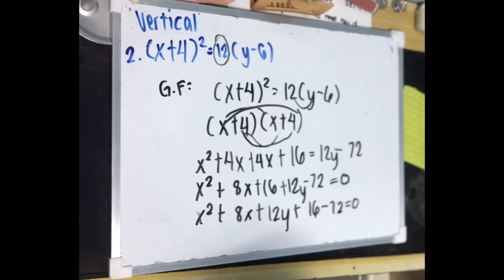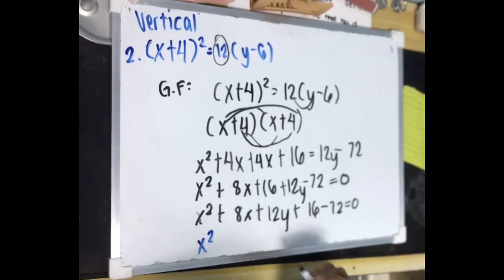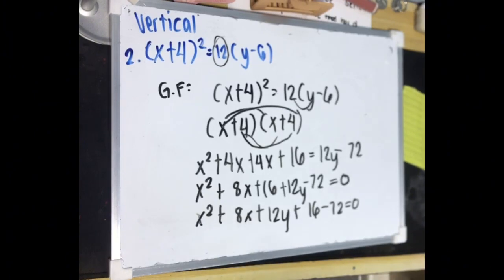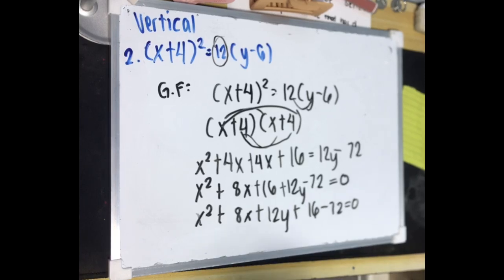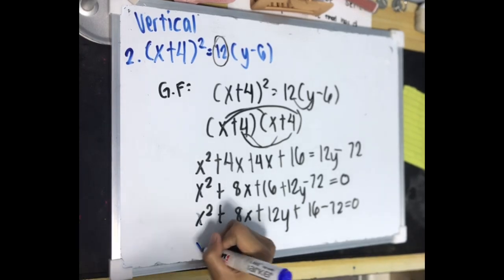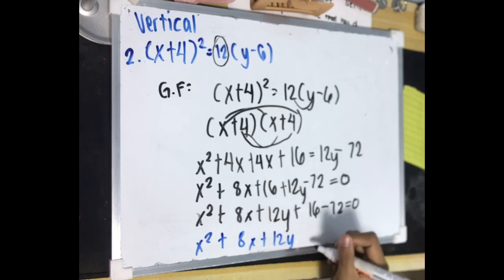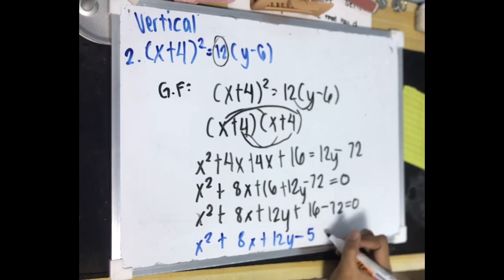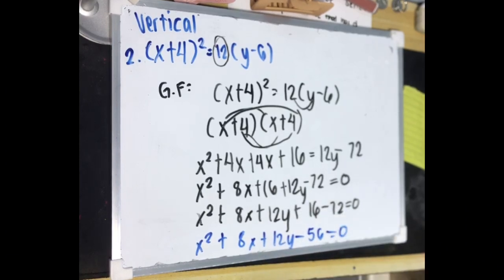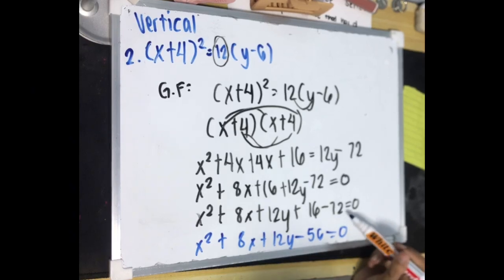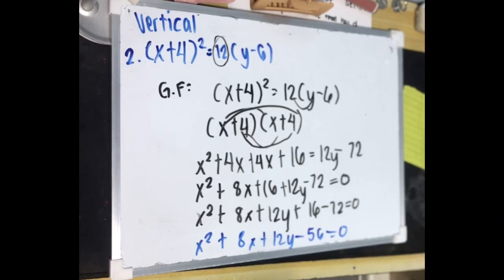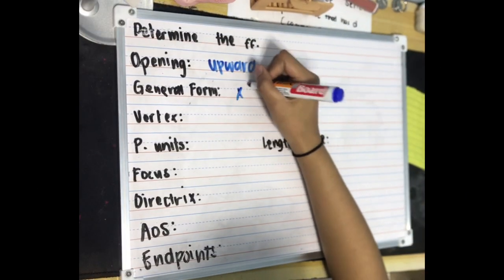So, the final arrangement is x squared plus 8x plus 12y minus 56, because 16 minus 72 is negative 56. So, our general form is this.